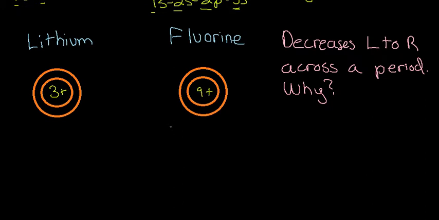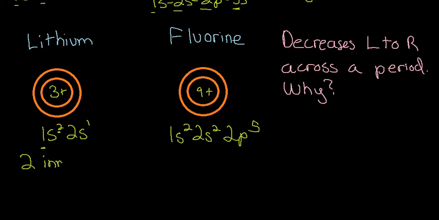The electron configuration for fluorine and the electron configuration for lithium are what I've just written. Well, what we can see is that lithium has 2 inner electrons. Its valence shell is the n equals 2 energy level, so the inner electrons are in anything below that. So lithium has 2 inner electrons.